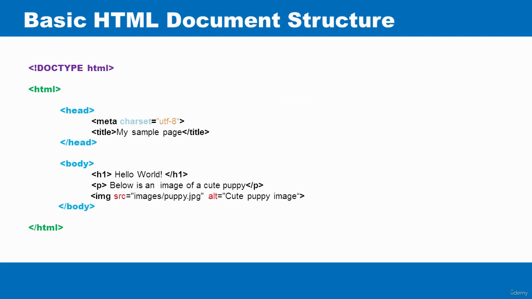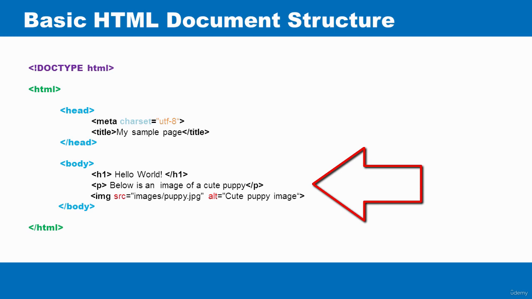Next, we have the body element. The body element actually contains the visual content of the page. So when you visit a website, the actual content you can see is the content that is wrapped between the body tag, which is anything between the opening and closing body tag is the visible content that is displayed on the web page.